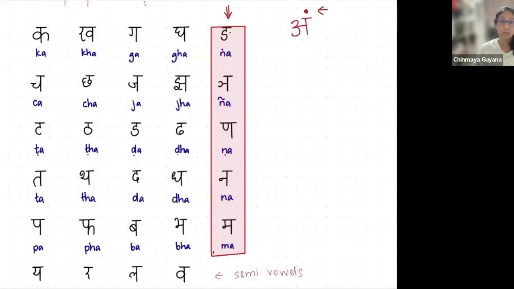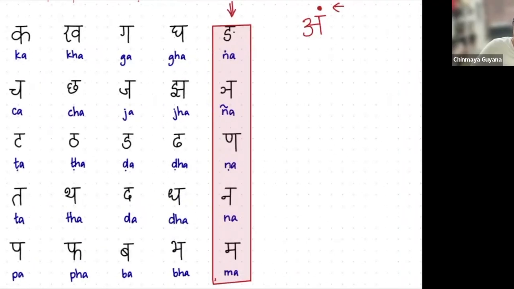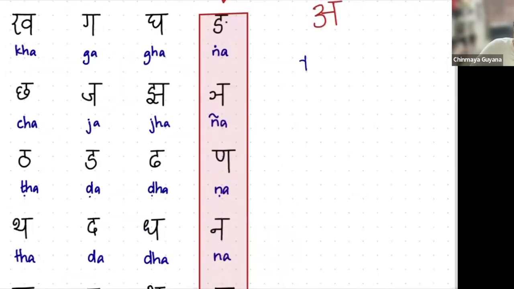When we are writing words, in the middle of a word, like kanchana, this can be written in another way.